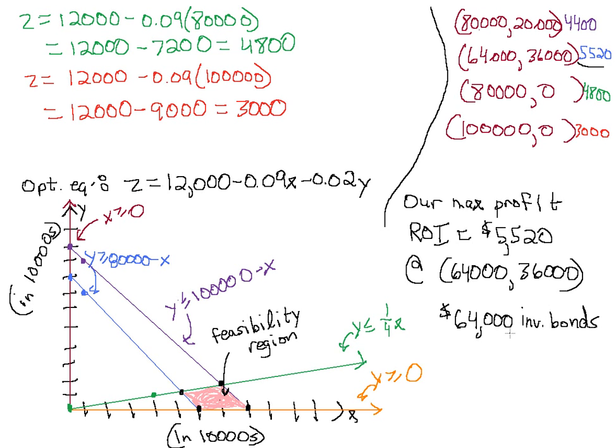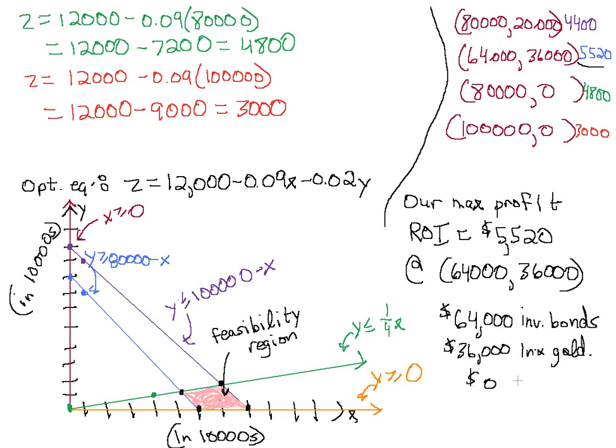and y, well, we defined y as the amount of money invested in gold. Well, $36,000 invested in gold. So $64,000 in bonds, $36,000 in gold gives us $100,000. Remember, we only had $100,000 to invest in the beginning, which means our third investment of stocks will be 0.